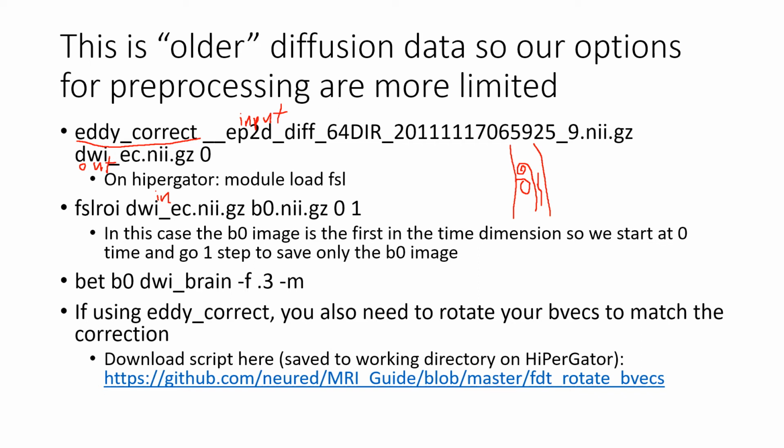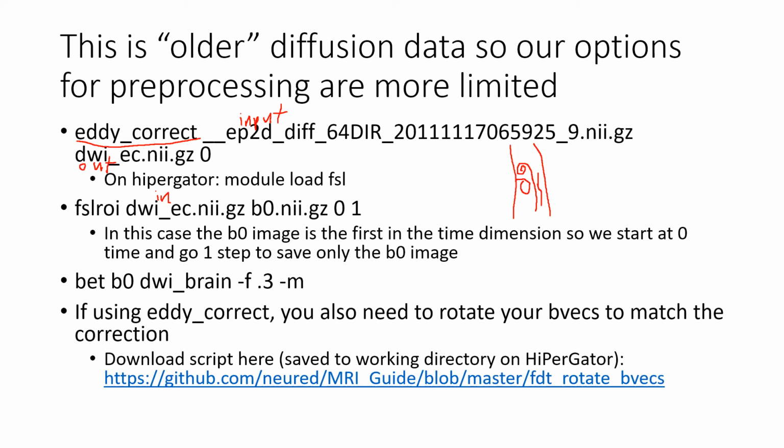It'll be the whole brain, but it won't have the 64 diffusion directions. Because our B0 image is the very first image in this scan, we start at 0 and take one image. Just go one step. We'll walk through this for the homework. What this does is pull off the B0 image and save it as a separate volume, so then we can use that for some other analyses.